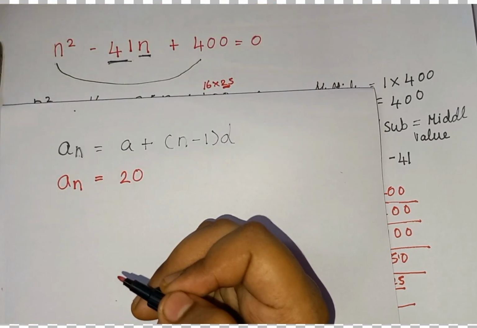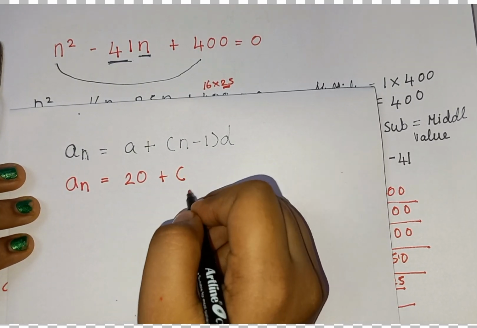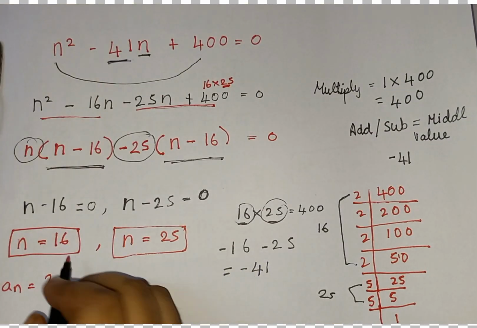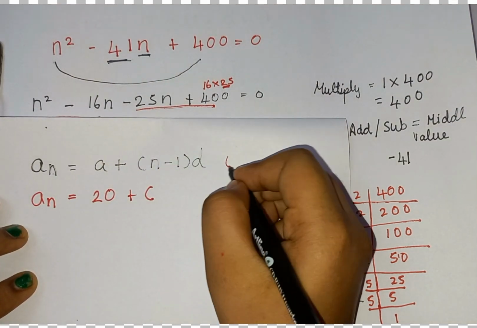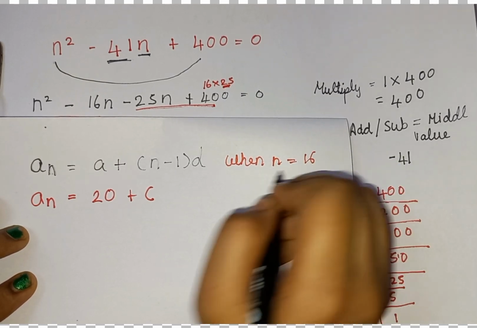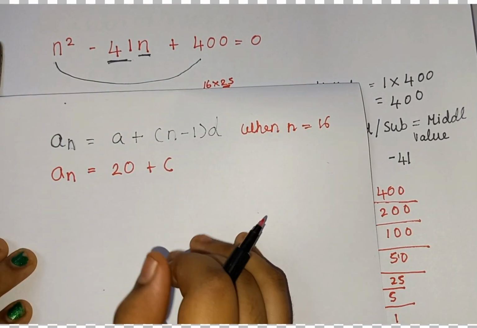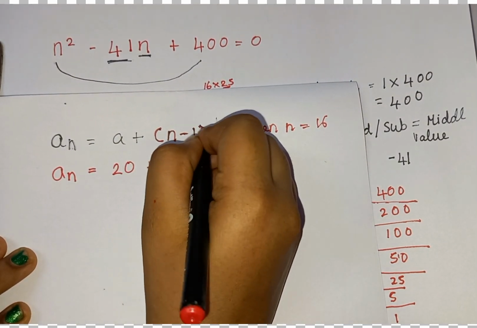So a is 20 plus n value, we got it now, right? You guys might be wondering which n are we going to use. First I am going to use n is equal to 16. I guess the formula is not visible. One second.